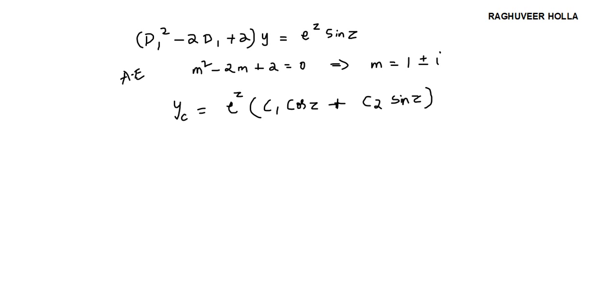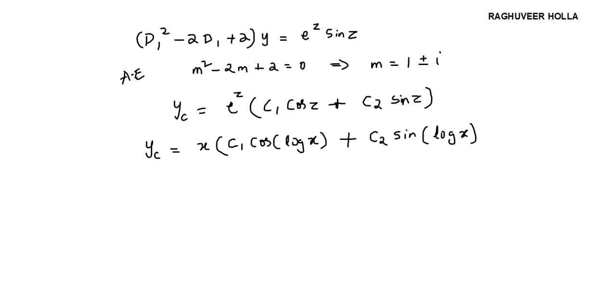We have got this. Now let us write in terms of x on the right hand side. So yc is equal to, now e to the power of z is x, and this is c1 cos of log x, because we have taken z as log x, plus c2 sine of log x. Close the brackets. So you got yc.